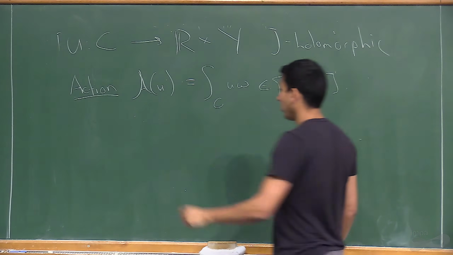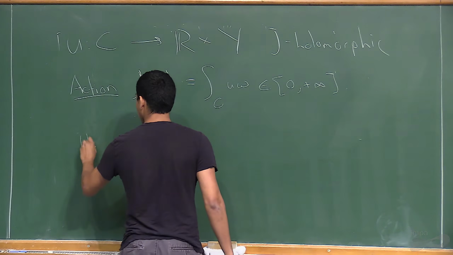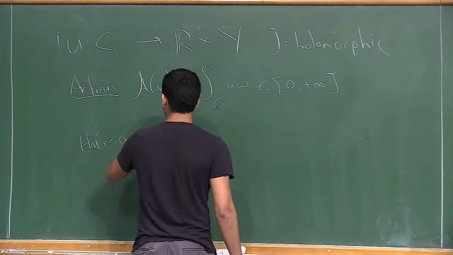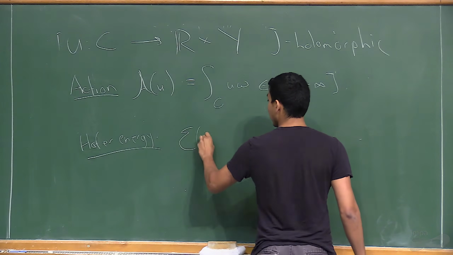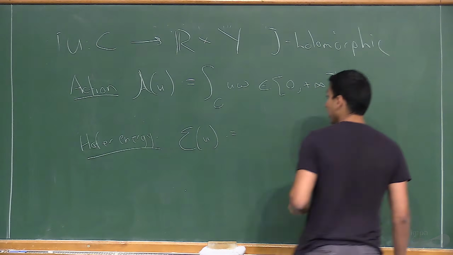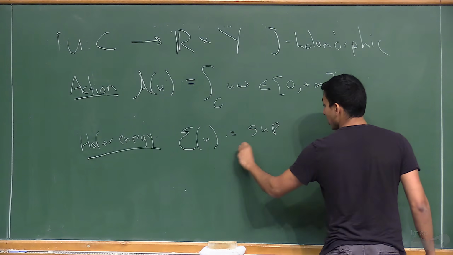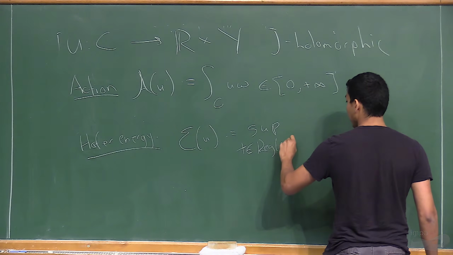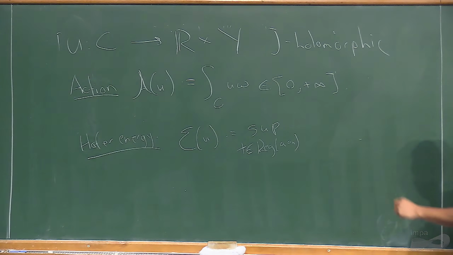The second quantity is called the Hofer energy. And I'm going to write this in a slightly non-standard way. So this is the quantity given as follows. I'm going to take the supremum over all regular values t of the projection to R of the following quantity.